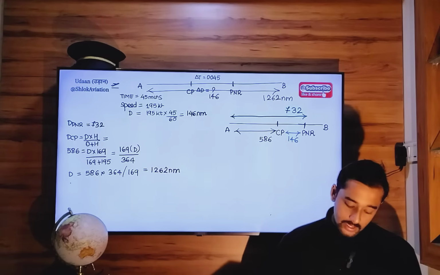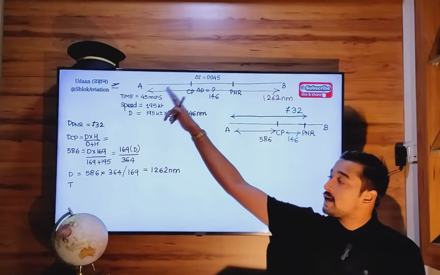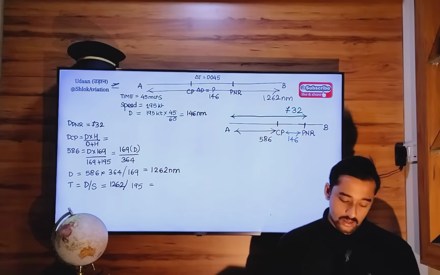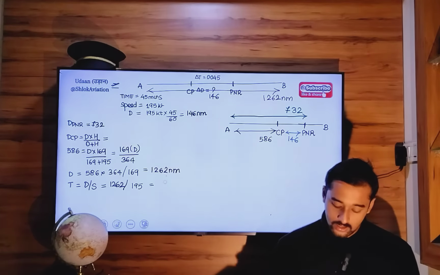Okay, now the time taken to travel from point A to point B will be how much? Distance divided by speed. So 1262 divided by the outbound speed of 195 knots gives us a value of 6 hours 28 minutes.